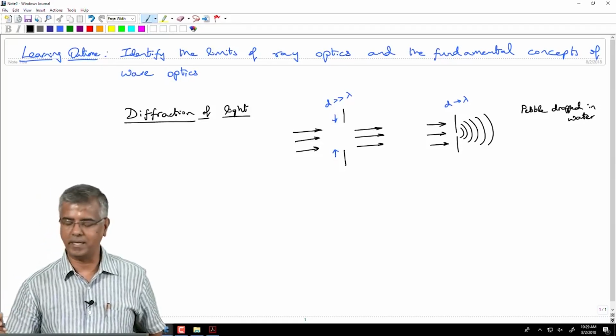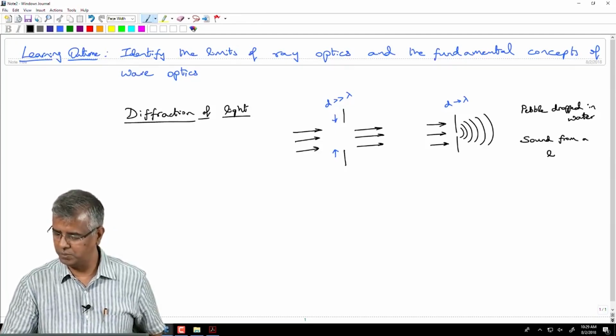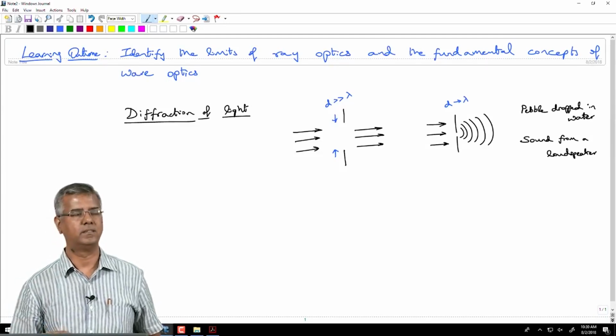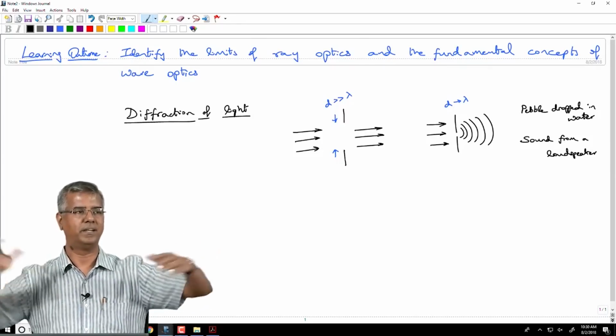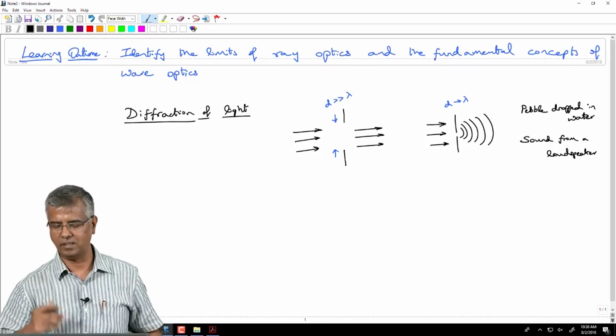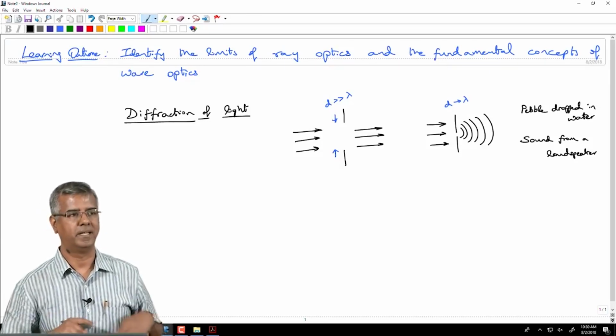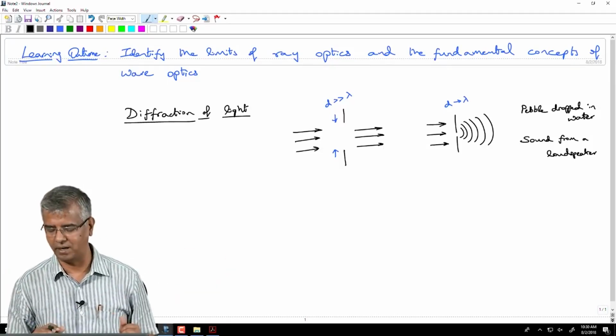And another example could be sound from a loudspeaker, right. So, you have this loudspeaker blaring out and you can hear that sound over a very wide region because sound is propagating as waves from that source and it's actually spreading around.